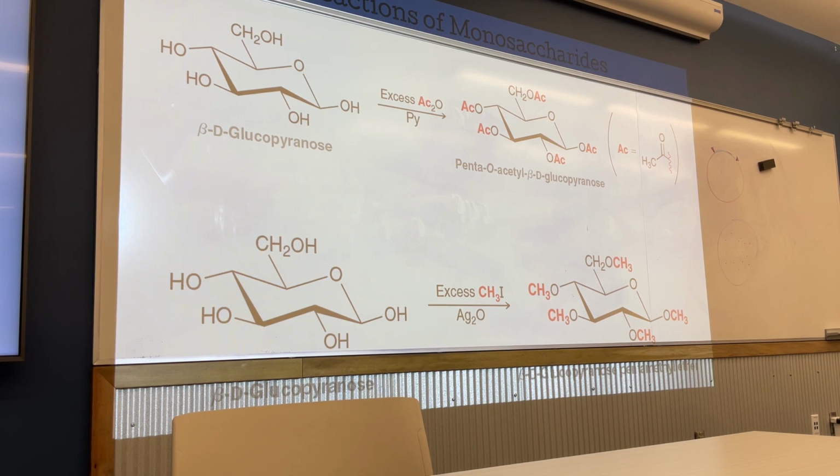So the trick around that is to just use these reactions to convert this glucose into, in this case, we have an ester, right? So this acetyl group is just depicting this right here. So we have an ester here, or an ether here. And not only do we do it to the anomeric hydroxyl group, we do it to all the hydroxyl groups.